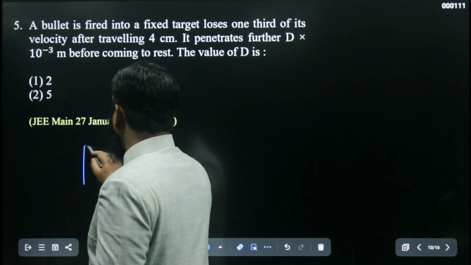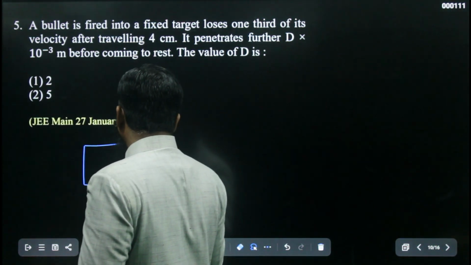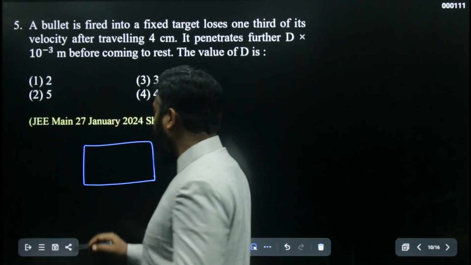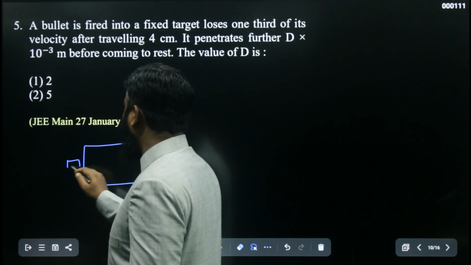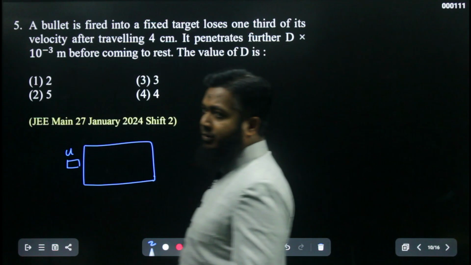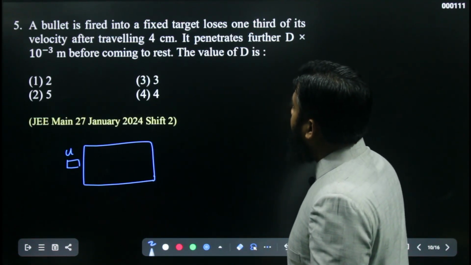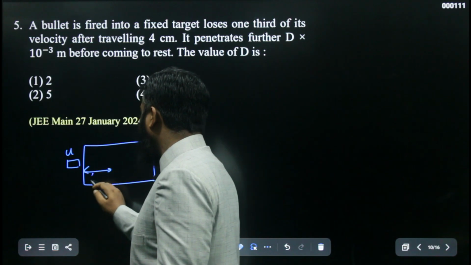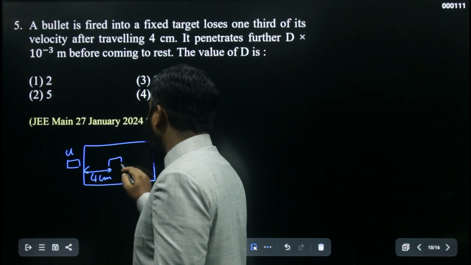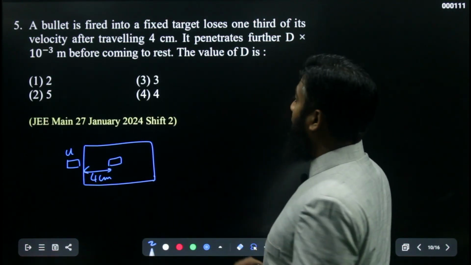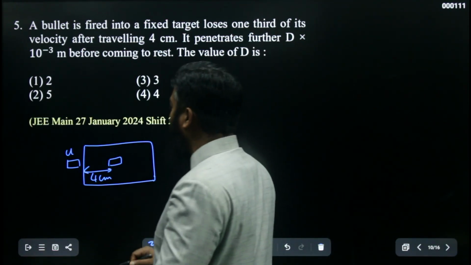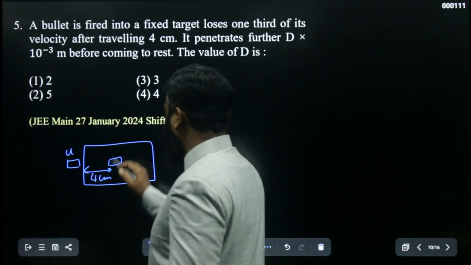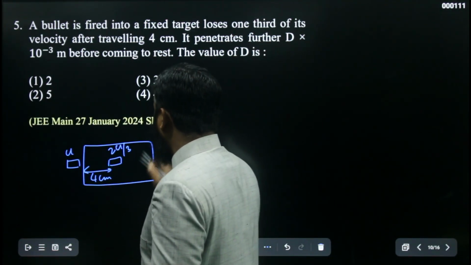The situation is a bullet is entering into a fixed target with some velocity. Say the velocity is u with which the bullet enters. And then after traveling 4 centimeter inside the target, it loses 1/3 of its velocity. That means the velocity would be u − u/3, that is 2u/3.